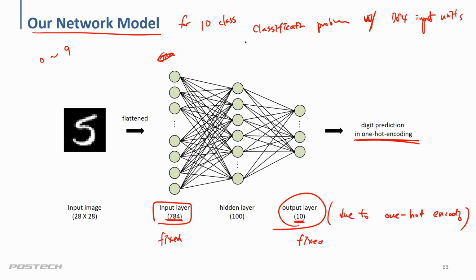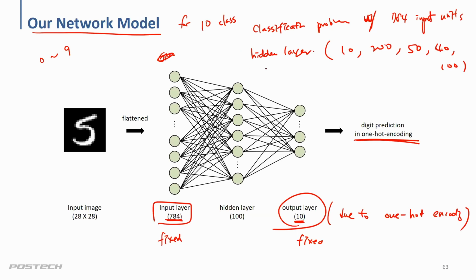Say I want to include 5 hidden layers, and each layer is probably, I don't know, 250, 100 units. It's a design factor. It's a hyperparameter that you have to decide.